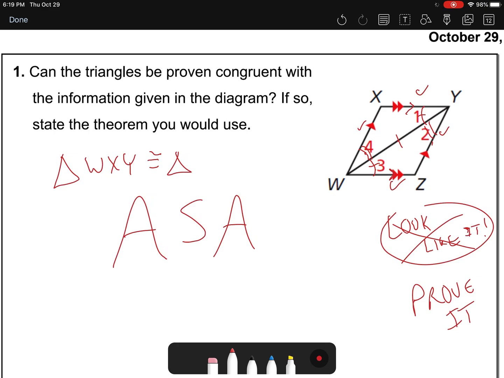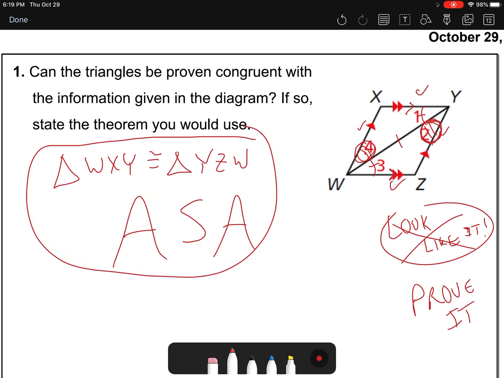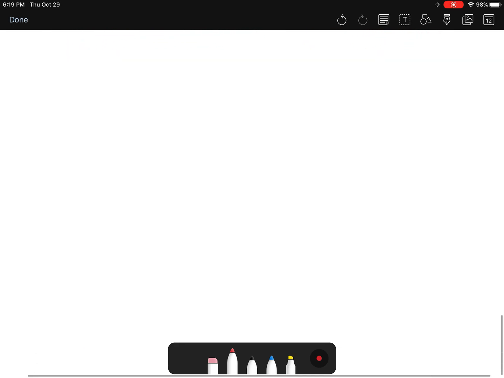So therefore, what's it going to be? Well, WXY, W has two arcs on it, so we have to start with two arcs in the other triangle. So that would be Y, Z, W. And there's our statement, and there's our reason, angle, side, angle.